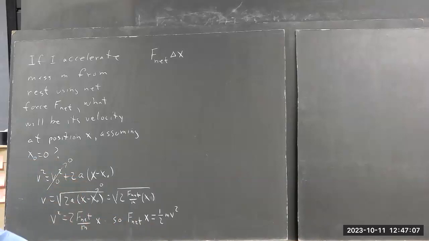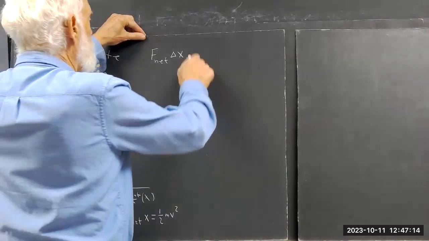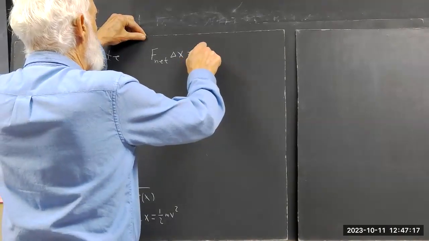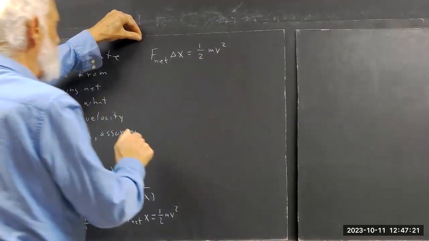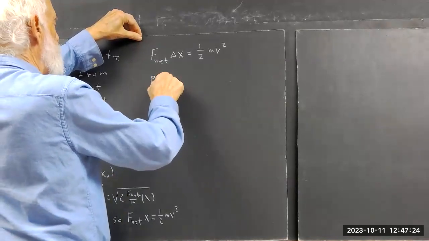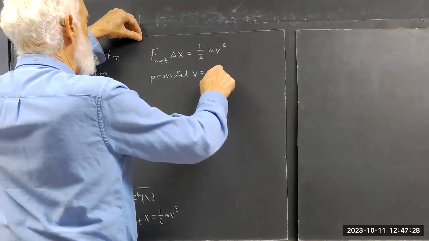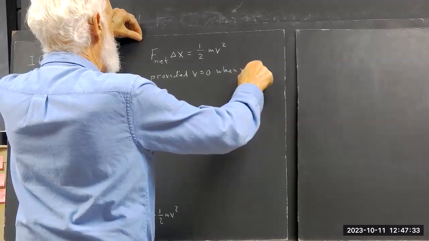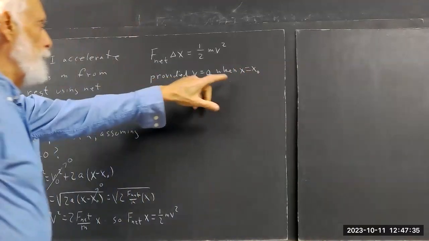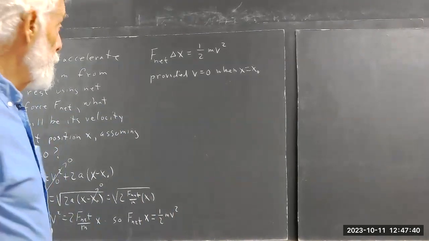So this is a simplified version; I might have left x naught in there, but didn't want to confuse the issue. We find that V is 0 when x equals x naught. What if V isn't 0?